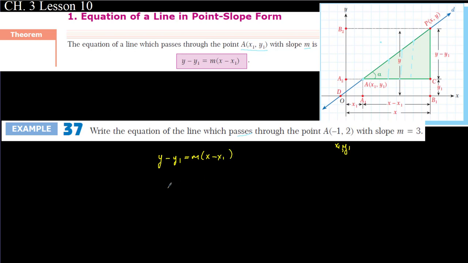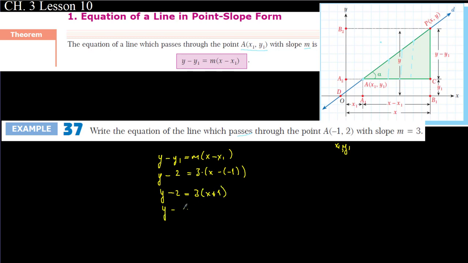If we write the values of y1 and x1, y minus 2 is equal to the given 3 times (x minus minus 1), it has to be minus 1 because the formula has a minus. So then y minus 2 is equal to 3 times (x plus 1).